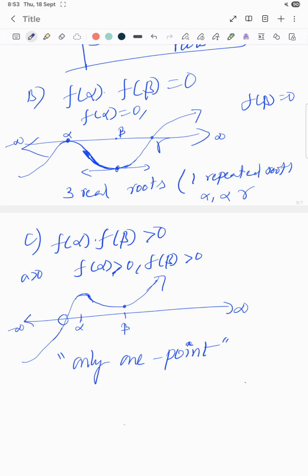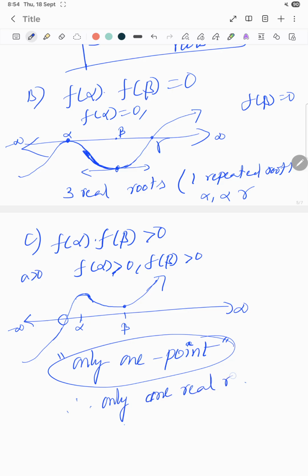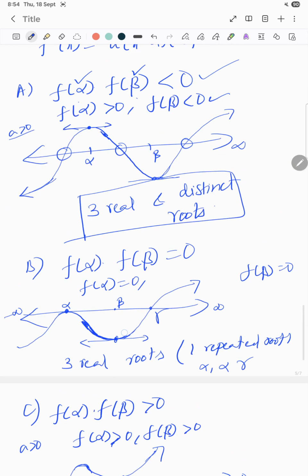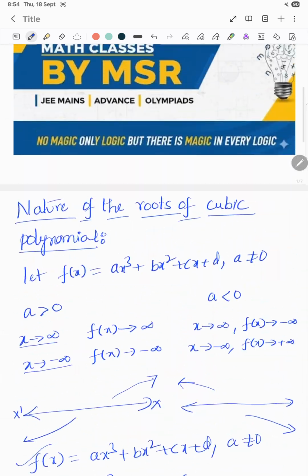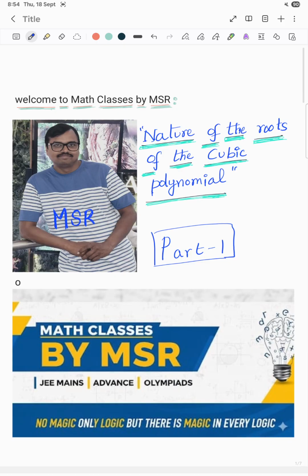When f of alpha and f of beta is greater than 0, the curve intersects at only one point, meaning only one real root. F of x will have only one real root. This is the concept of nature of the roots of a cubic polynomial. In the next video, let us discuss problems on this concept. I hope you understood. Once quickly revise it.